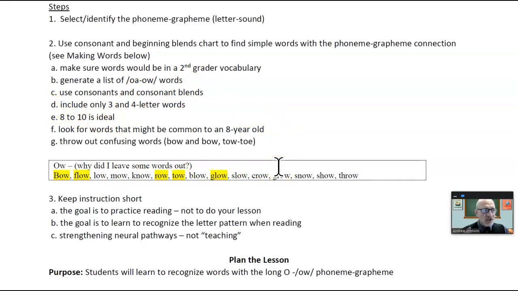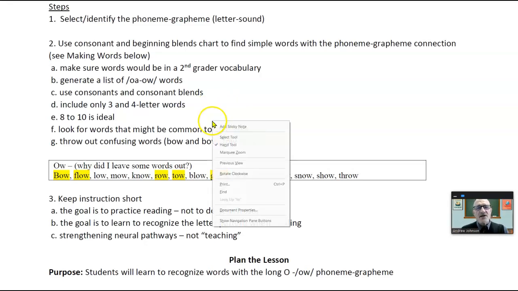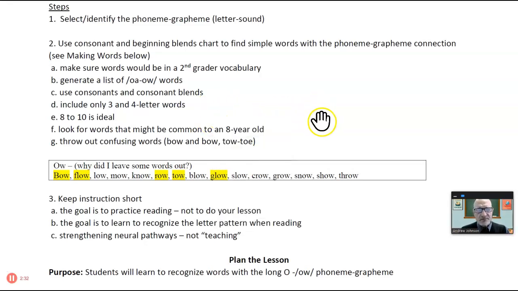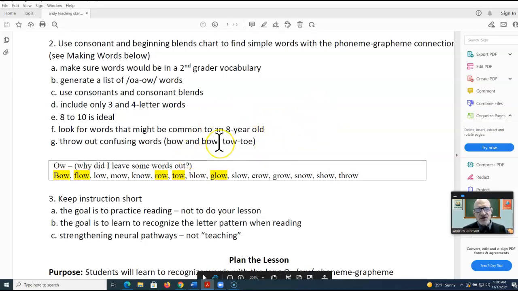When I'm teaching this initially, I want to use only 3 and 4 letter words because I'm focusing just on that phoneme-grapheme connection, that letter sound. So the goal is to get 8 or 10 words for this lesson, words that an 8-year-old of a variety of circumstances might know, and throw out any confusing words like bow and bow.